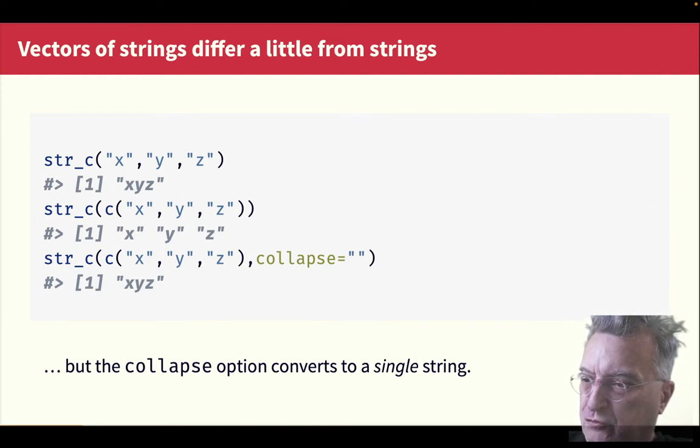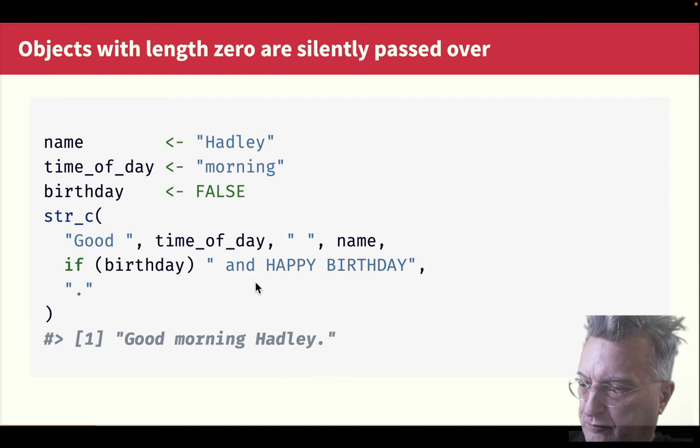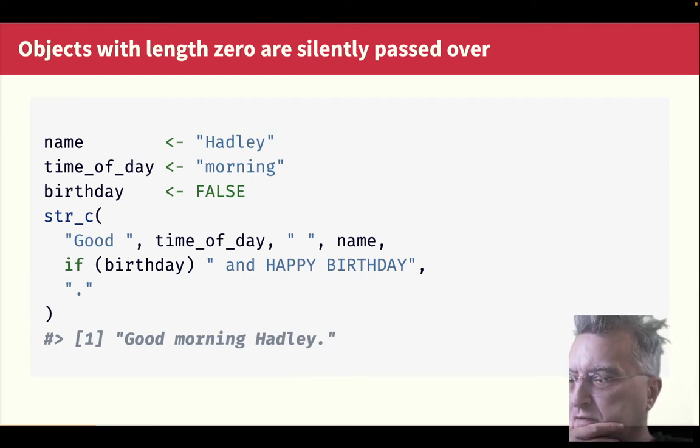Vectors of strings differ a little from strings. So here are some strings. Here are some vectors, each vector being a string. And I can collapse a vector of strings into a string. The collapse option converts to a single string. Objects with length 0 are silently passed over.